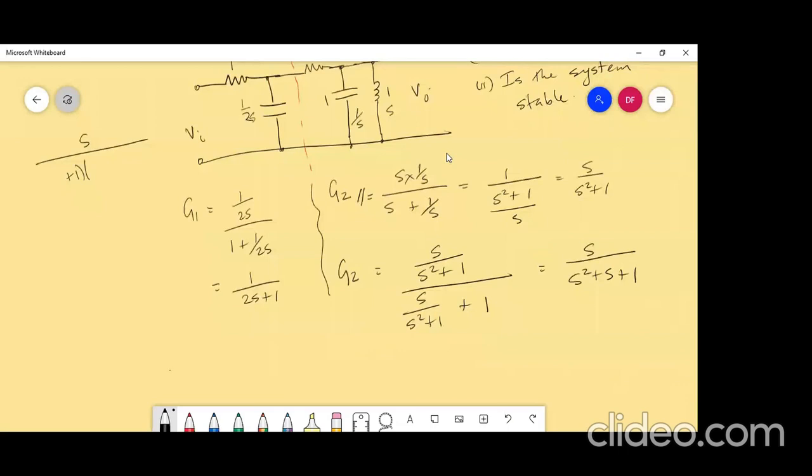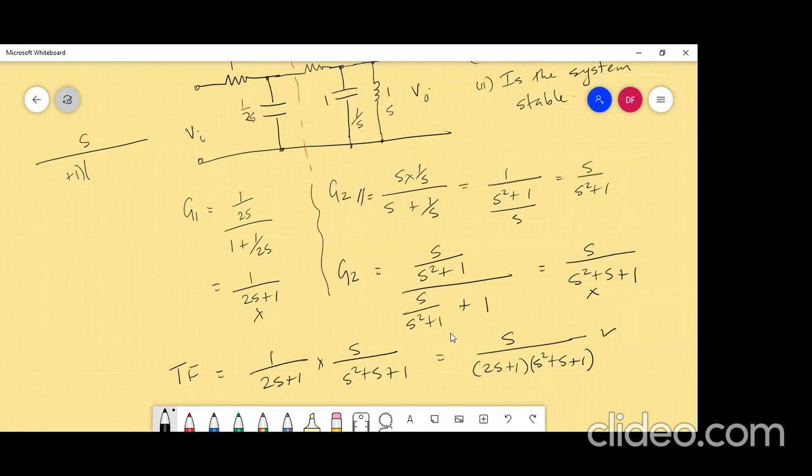So the transfer function is going to be this one multiplied by this one: 1 over 2s plus 1 times s over s squared plus s plus 1. That's going to give you s over, and I'm going to leave it like this. Now, that is the transfer function.